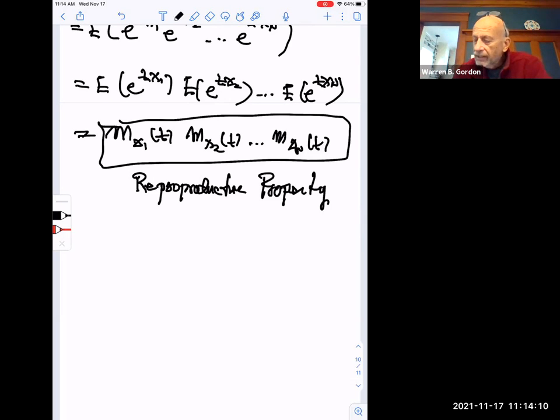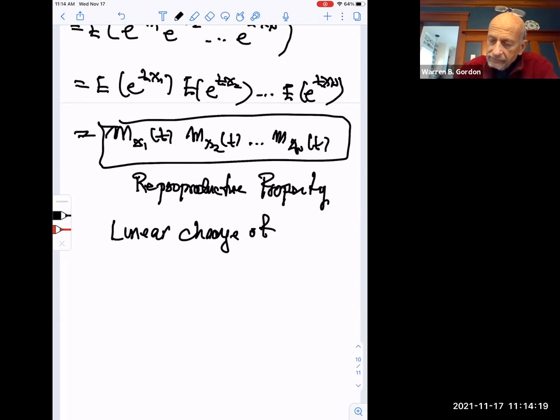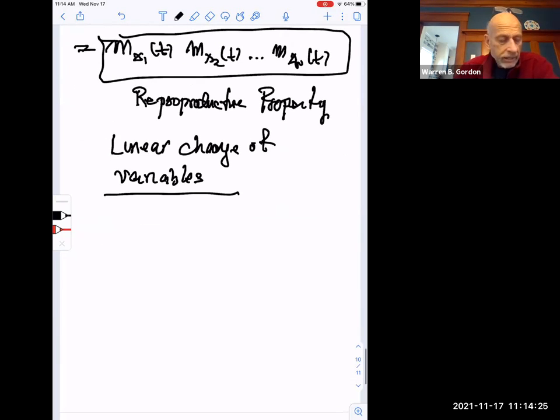Next result. Linear change of variables. So let's suppose x has moment generating function m sub x of t.